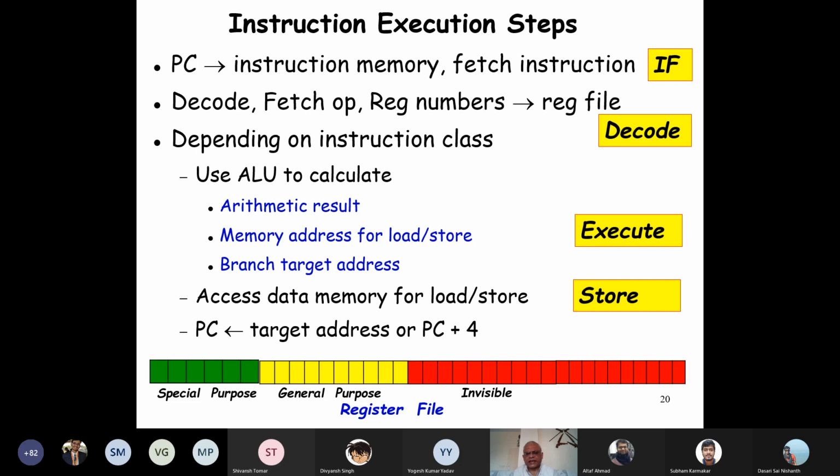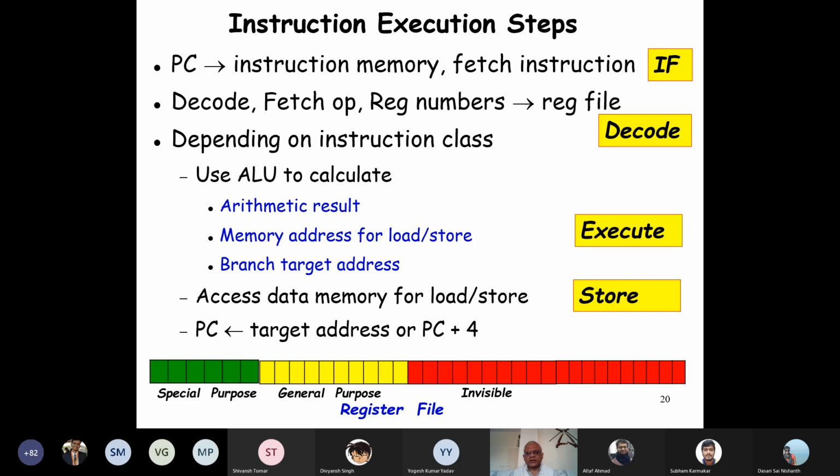We had seen the high and low registers as well. Those are special purpose registers. And then, see the red ones, there are a large number of invisible registers, not visible to the instruction set architecture. We'll see as we proceed what is the use of these invisible registers.